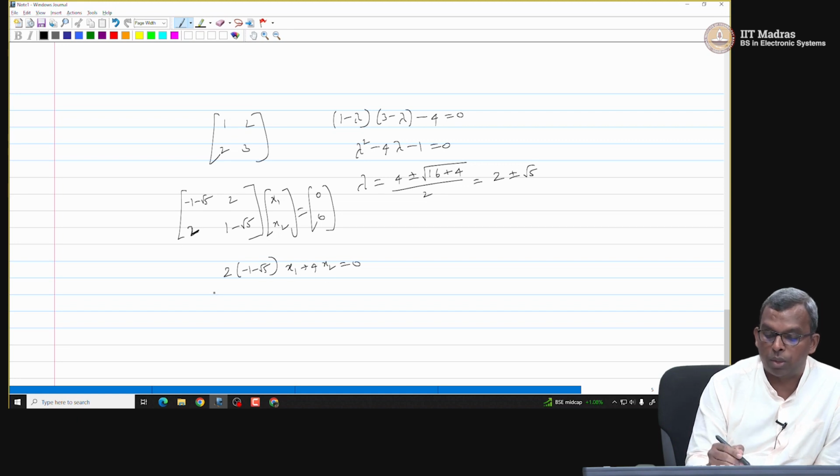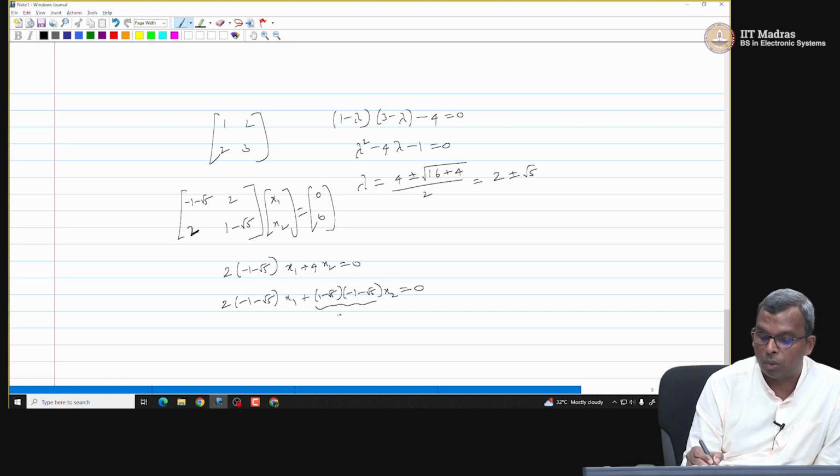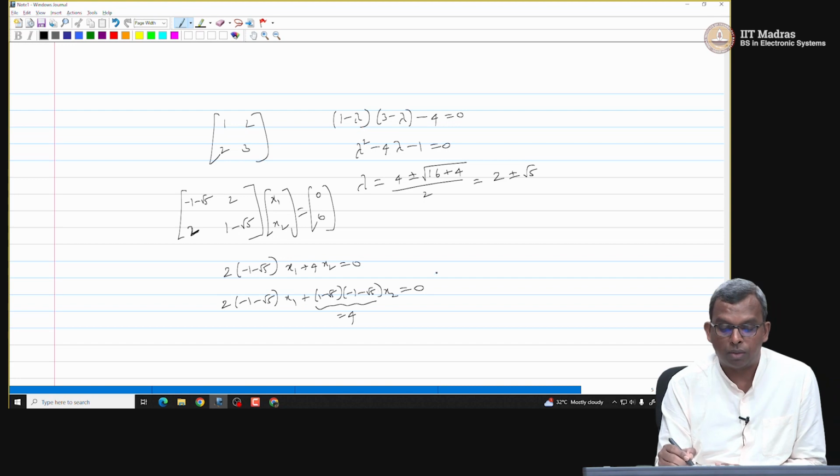So, multiplying the first equation by 2. Second equation, I am going to multiply by minus root 5 x1, and then just to check that things are working out okay. This should work out okay. Plus 1 minus root 5 into minus 1 minus root 5 into x2 equals 0. So, these two will give you the same equation because this is equal to 4. Okay. So, it is okay. So, this is working out correctly.